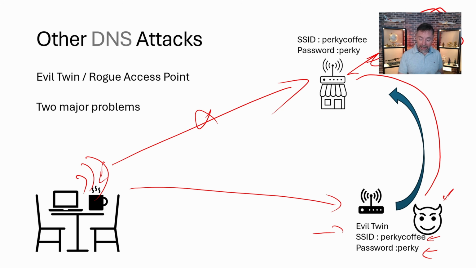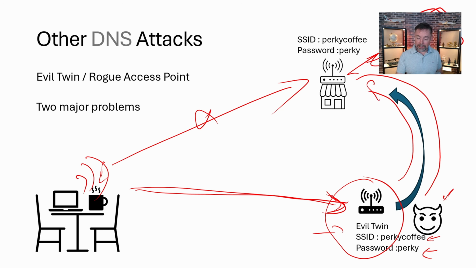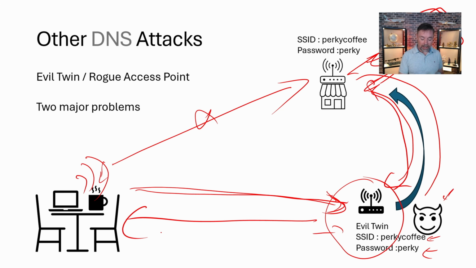And what we have now is a way of intercepting the traffic as it comes from our friend through the evil twin to the real coffee shop, to the internet, back again, back through the evil twin, and eventually back to our victim. In this case, our victim does not even know they're using an evil twin because the traffic works fine. They make a request to the internet and they get the response back.